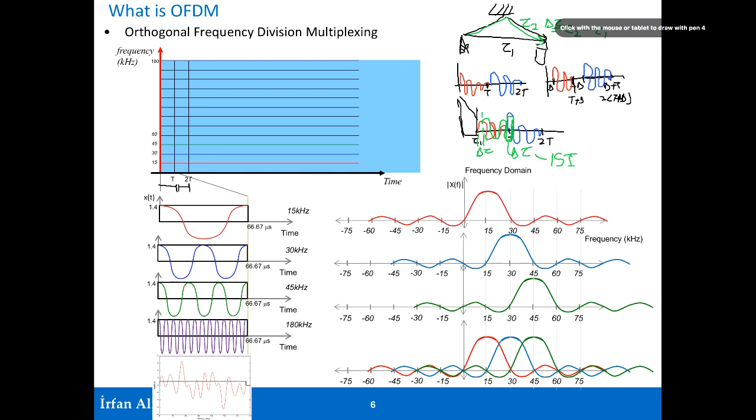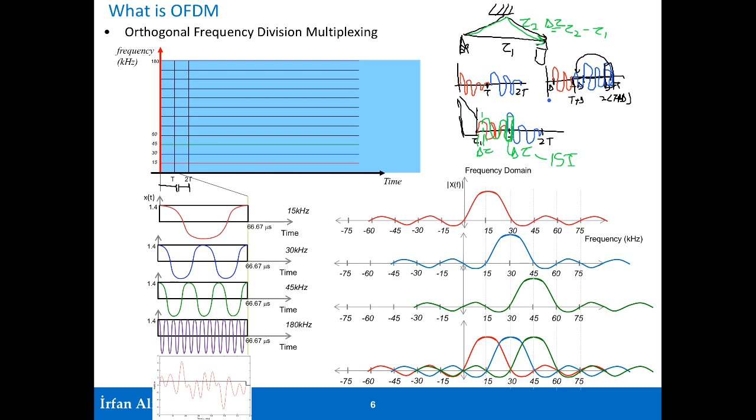Now they take the last part of this symbol and copy it, let me draw it with black ink, onto the part which was being sent as blank, so that you don't have a blank and you don't have some discontinuity. This reduces the discontinuity.